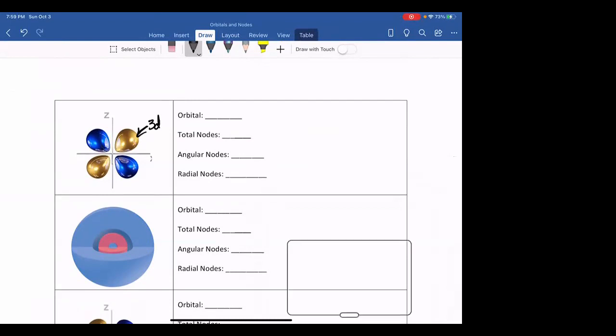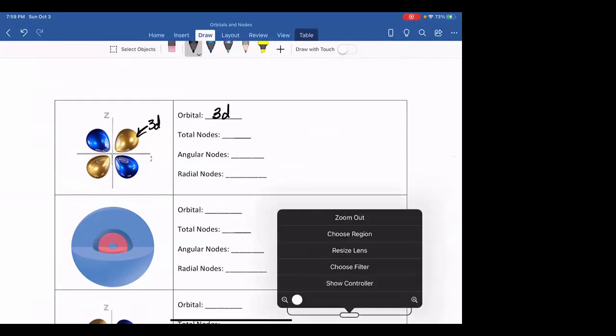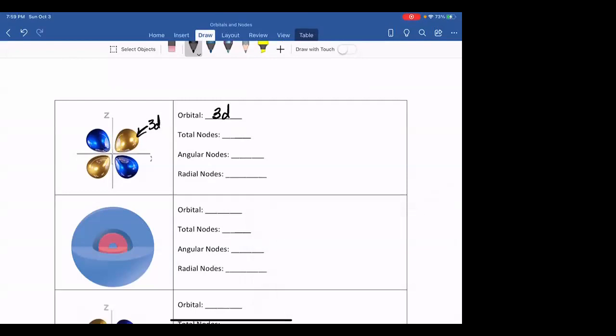The next one is a circle. Well, circles are S's. S's begin at 1. So this very inside is the 1S. And then we simply count out the next one's 2S, the next one's 3S. So this is a 3S that we're talking about.